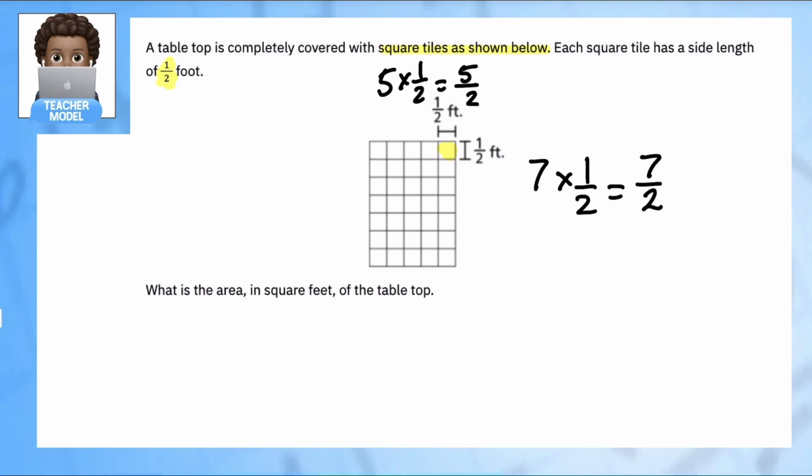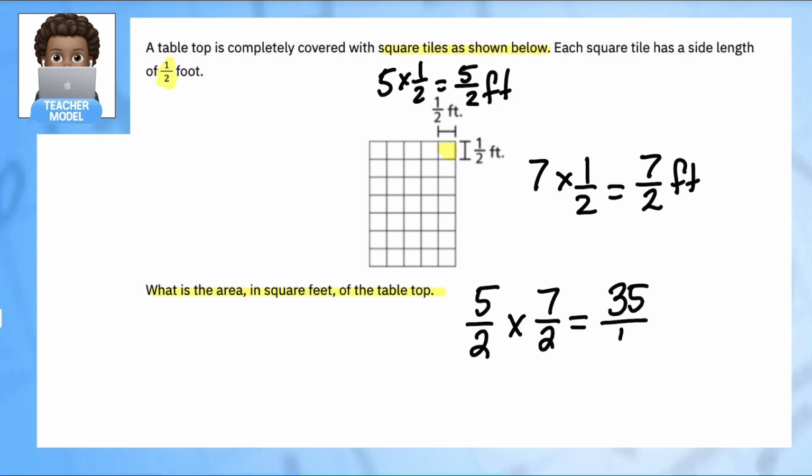Now I know my dimensions, and these are both, let's make sure we have our units here, feet. What I have to solve is, what is the area in square feet? Well, I know that that's just length times width. So 5/2 times 7/2 is 35/4 square feet, which you possibly could leave as an answer, but I like going through things completely.